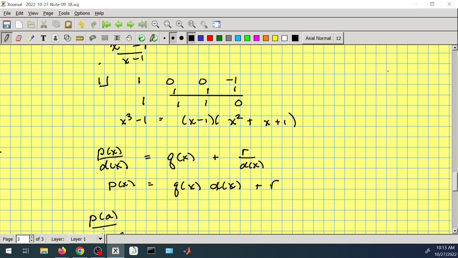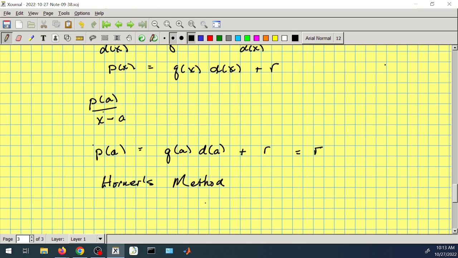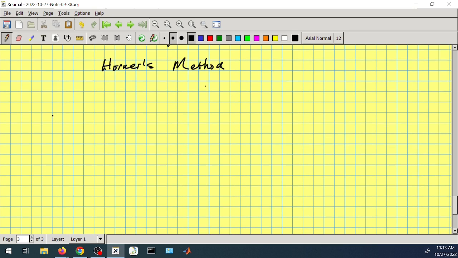So let's take another look at an example. If I have the polynomial x to the fourth minus x cubed plus 2x squared minus 3x plus 7, what is P of 2?